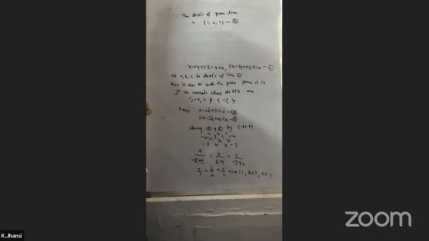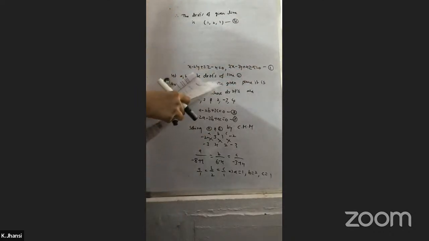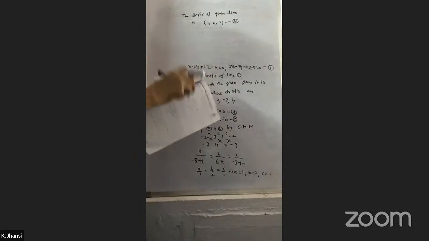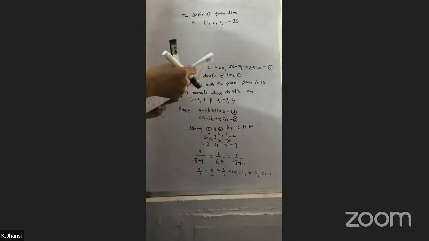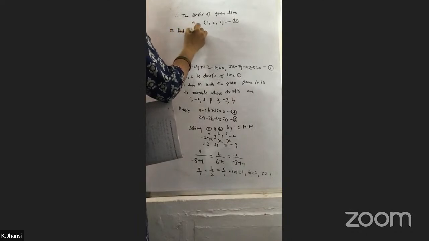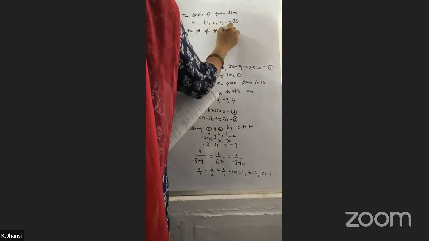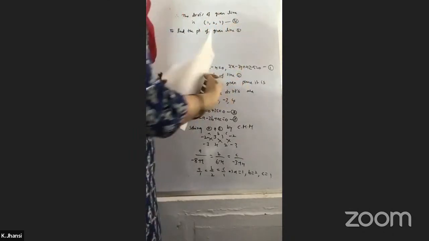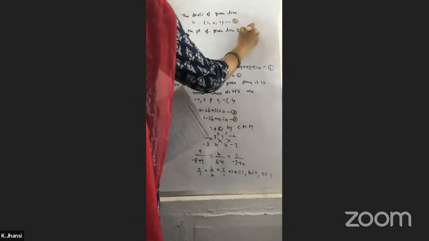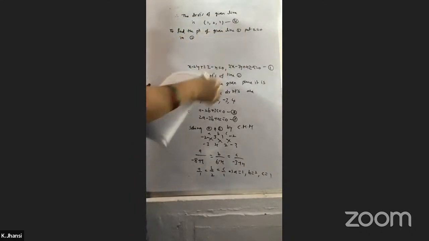Now for finding the x1 and y1 values, we need to put z value as 0. That is, put z equals to 0 in equation 1. To find point of the given line 1, put z equals to 0 in 1.